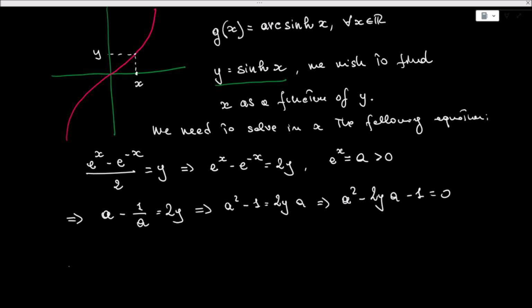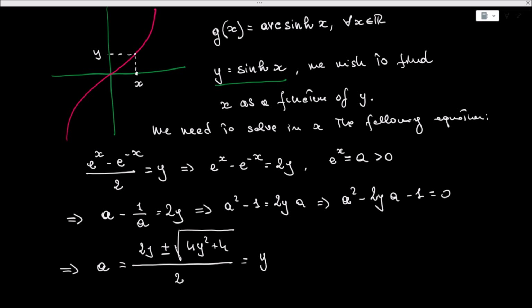Well, this equation can be solved in a and gives 2y plus or minus the square root of 4y squared plus 4. And simplifying all the 2's, we get simply y plus or minus square root of y squared plus 1.